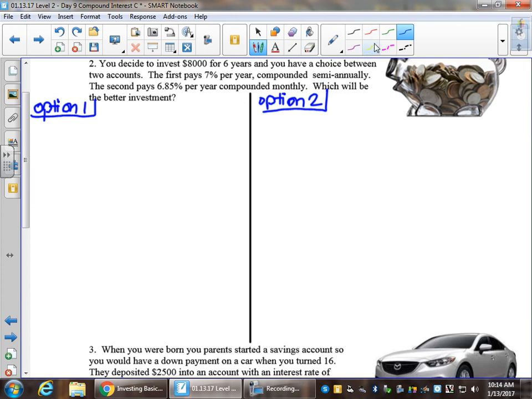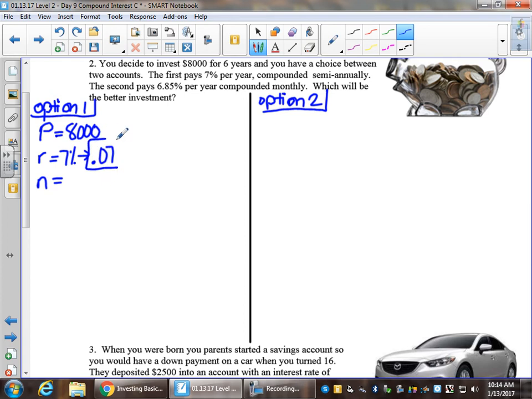For option 1, what information am I going to pull out? What 3 variables do I need to build my model? P, R, N. What's P? 8,000. What's R? 7%, but as a decimal, 0.07.